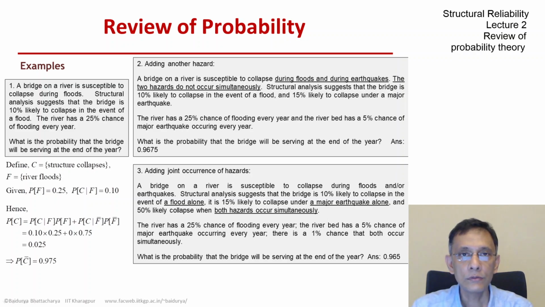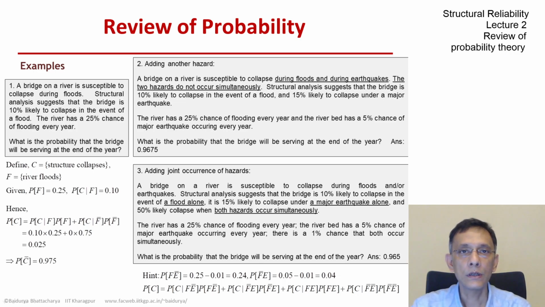It would be reasonable to split our sample space into the partition of F bar E, which means there is flooding alone, there is earthquake alone, FE, so there are both, and F bar E bar, so there is neither. Now what is the probability of F E bar?